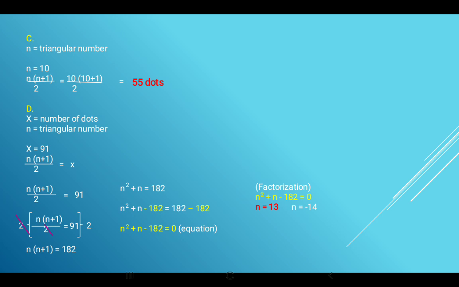At saka walang negative sa kada hindi lang triangular number at sa mga iba pang numbers. So, lahat yan positive. Counting number. Positive lahat. Kaya disregard natin yung negative 14. Ang kukunin natin is yung 13. So, ibig sabihin, yung n natin is equal to 13 at ang ibig sabihin ng n natin is yun yung triangular number. So, we have in the 13th triangular number, you have 91 dots.